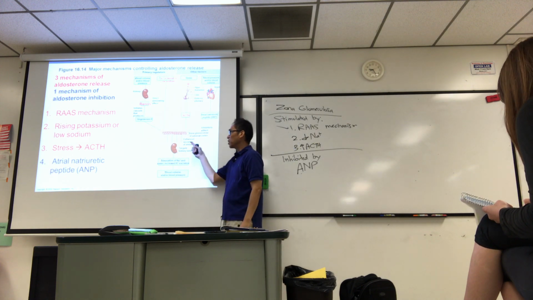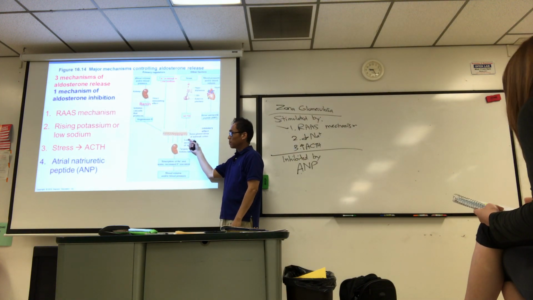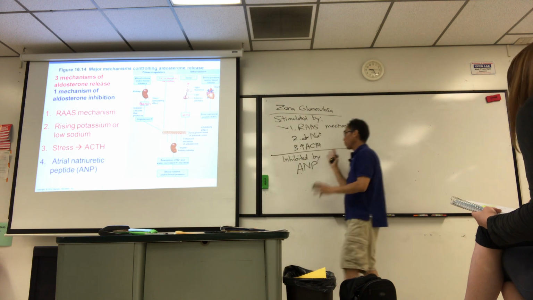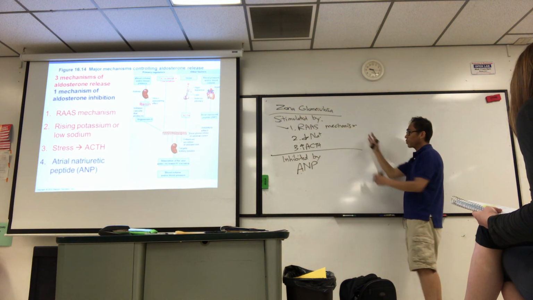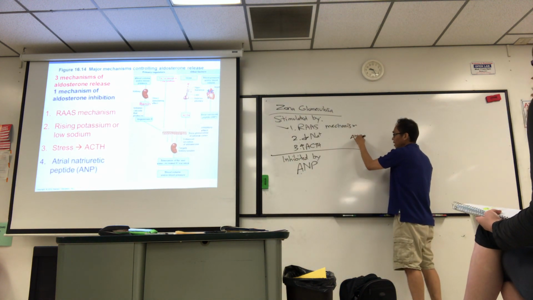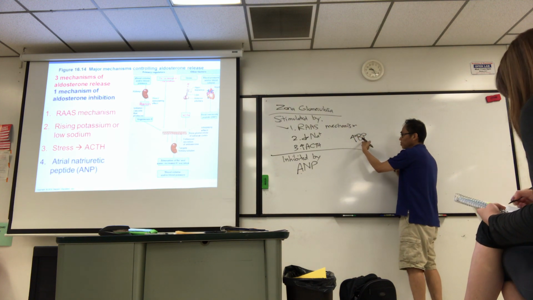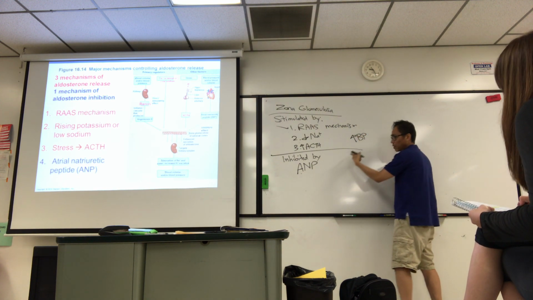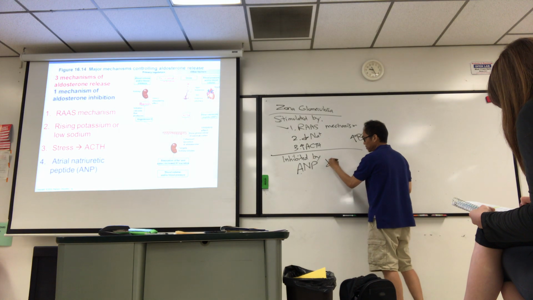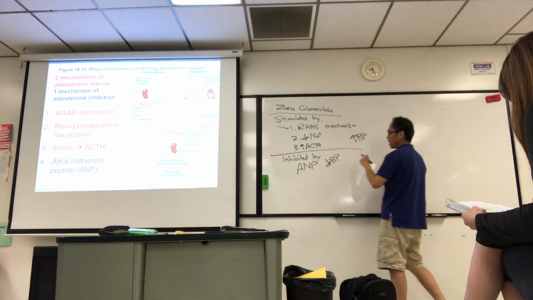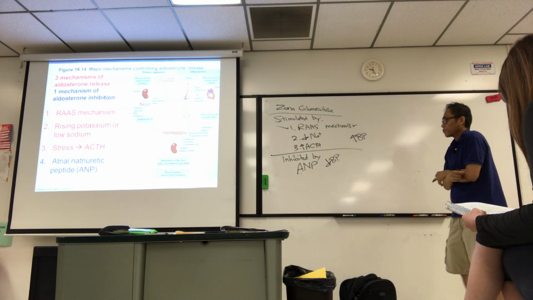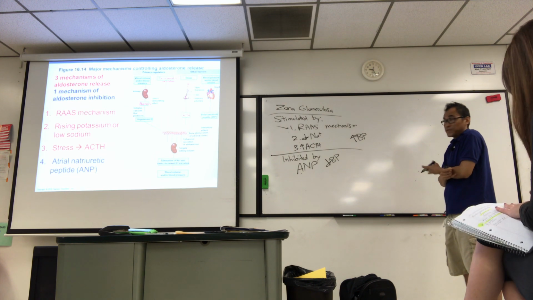By doing that, you can decrease blood pressure. So in a nutshell, these top three, just think to yourself, the physiology is going to boost blood pressure by retaining salt. This one decreases blood pressure. That's the effect.